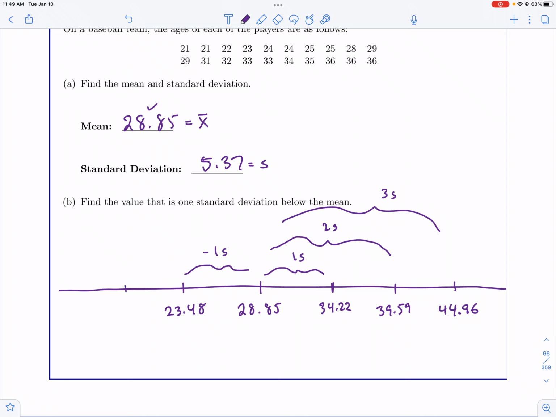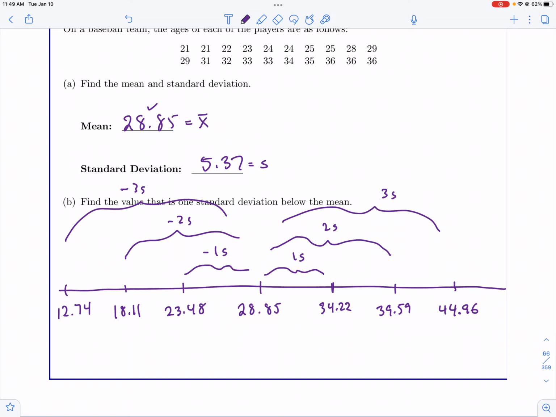And so if I want to go minus 2 standard deviations away, I'm going to subtract 5.37 from that 23.48 to get 18.11. And then finally, one more time, if I want to go minus 3 standard deviations away, I'm going to subtract 5.37 from that 18.11, and finally get 12.74.